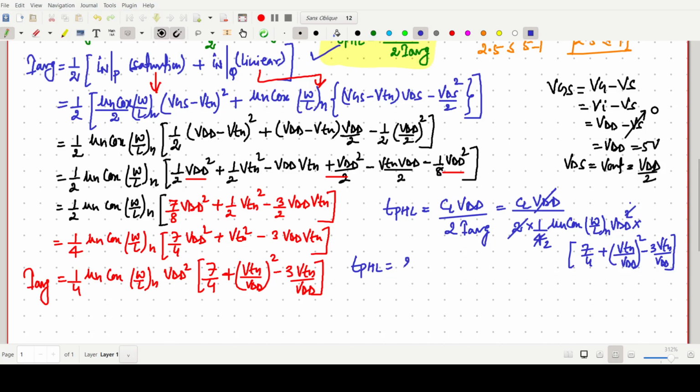So we can write as 2CL by mu n COX W by L of n VDD into, one can write this as, 7 by 4 minus 3 VTN by VDD.